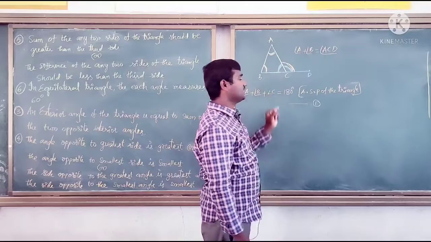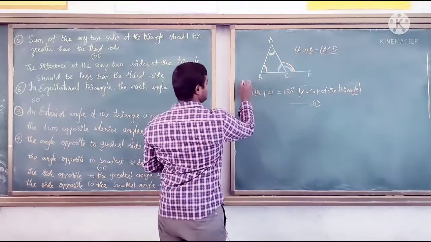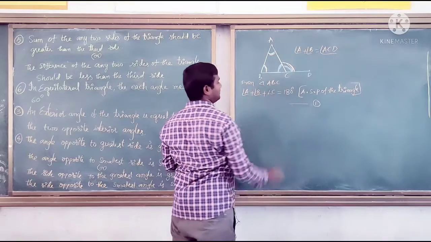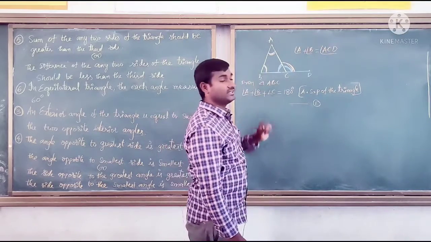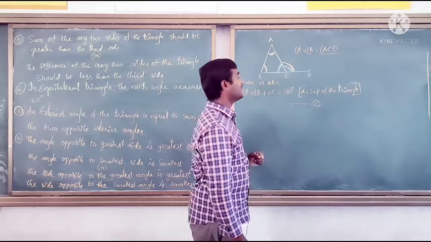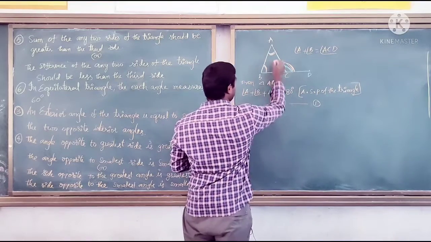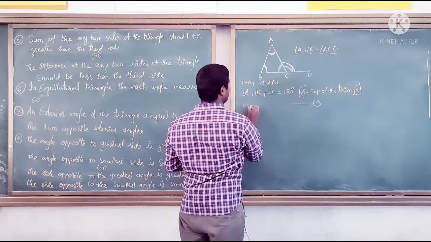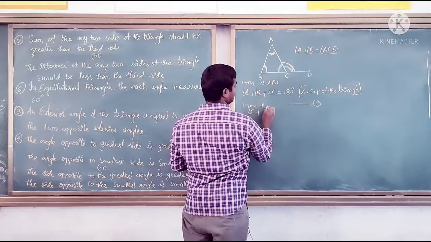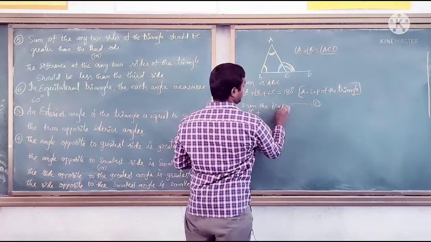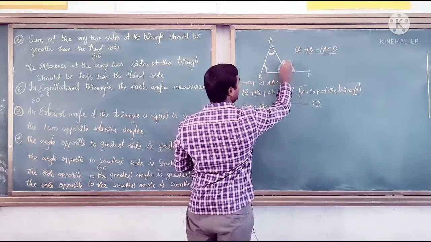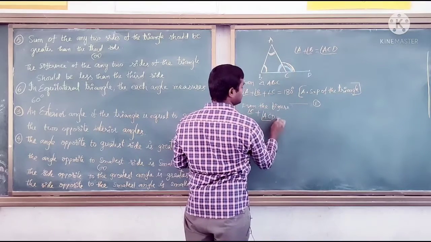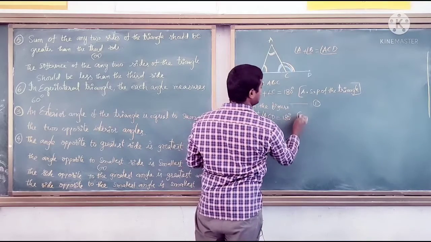And from the figure, in triangle ABC, we can write that angle C plus angle ACD equals 180 degrees, because those two angles form a straight angle.